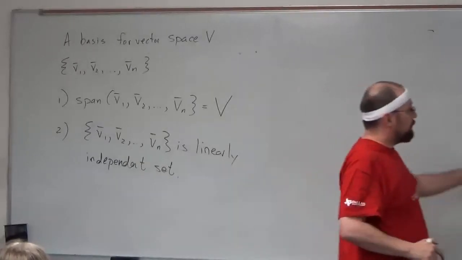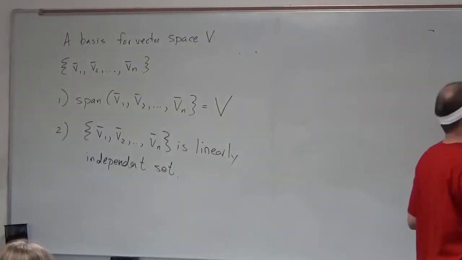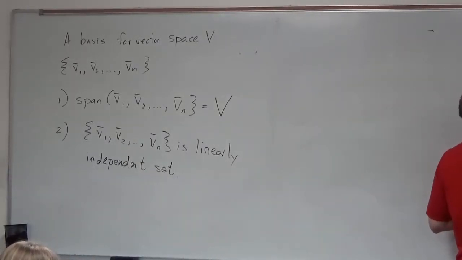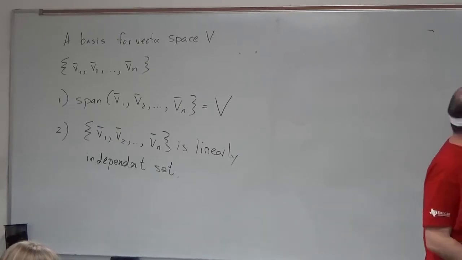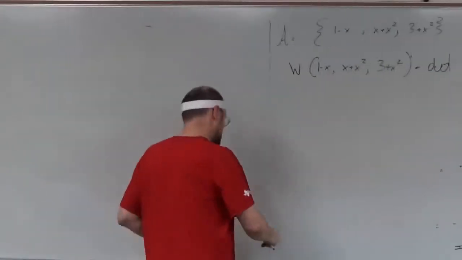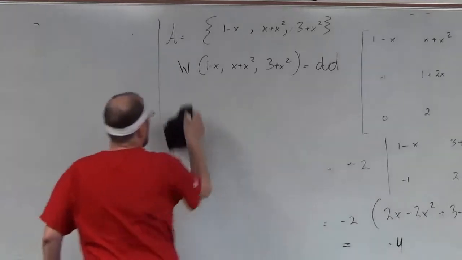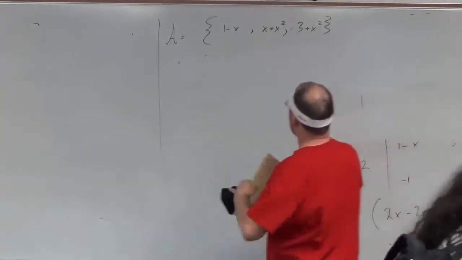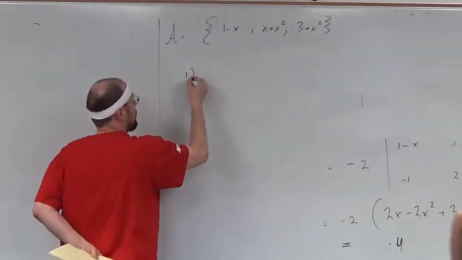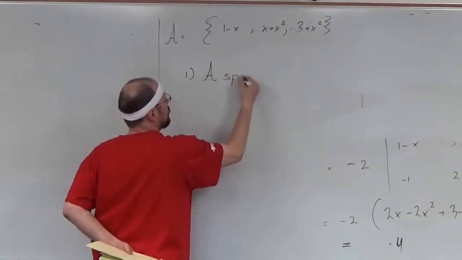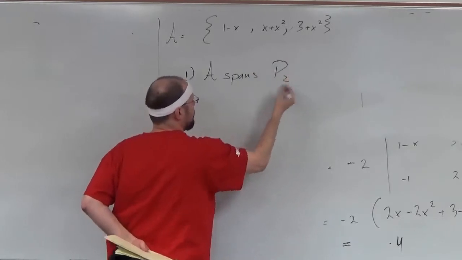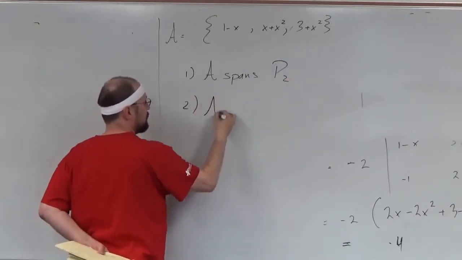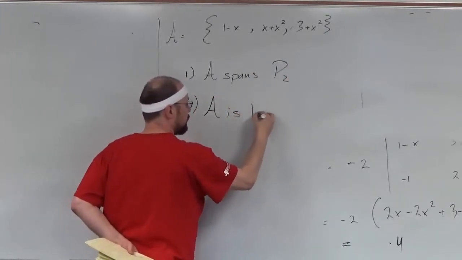So for example, these three vectors, this set that we called A before, spans P2, right? We showed that. So we showed that A spans P2, and we showed that A is a linearly independent set.